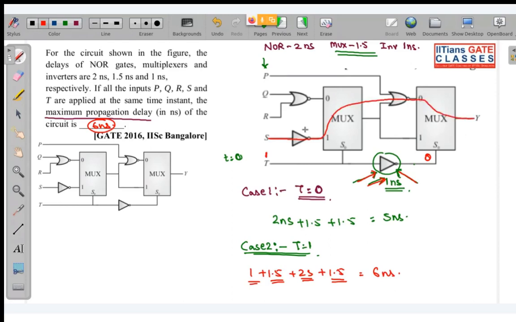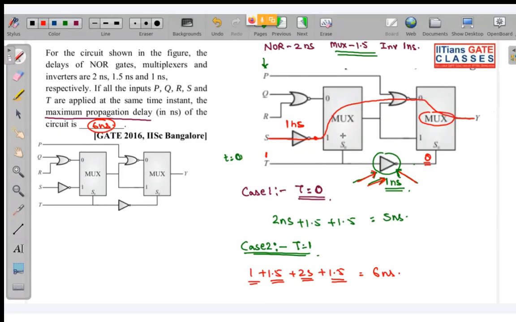For getting the output of this inverter I will take 1 nanosecond, and within 1 nanosecond it has already stabilized. So the decision has been made by this mux that it needs to accept this 0th input and pass it on to the output.